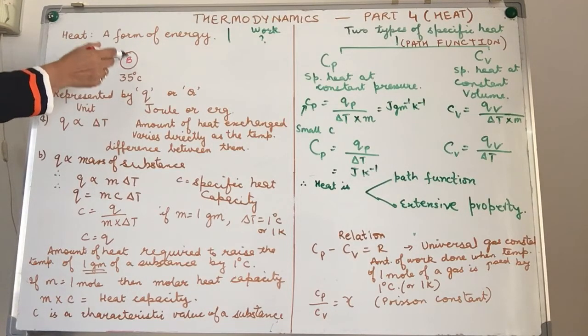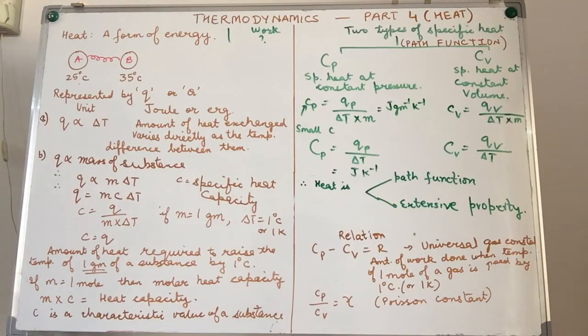Initially, you will find that the temperature of B begins to decrease, that of A begins to rise. But once equilibrium is reached, they reach a constant temperature state, and that is an equilibrium state. So heat is a form of energy which flows between two objects connected to each other when there is a difference in temperature between them.